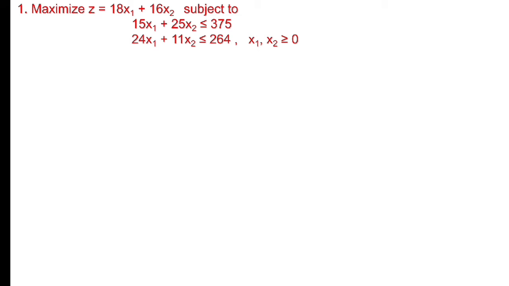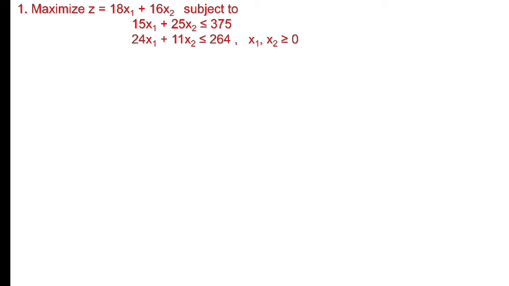In a graph there are 4 quadrants: positive is the first quadrant, negative and positive is the second, both negative is the third, and positive and negative is the fourth. But we consider only the first quadrant, meaning both are positive values. That is why x1, x2 is greater than or equal to 0.